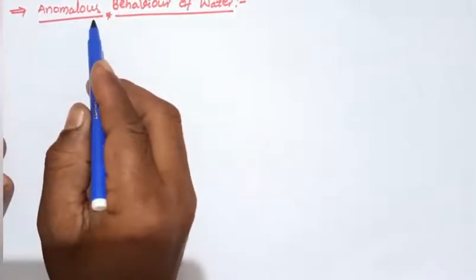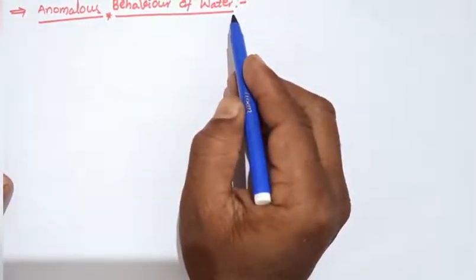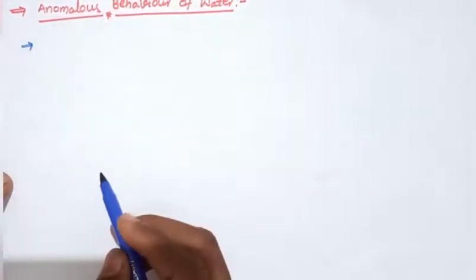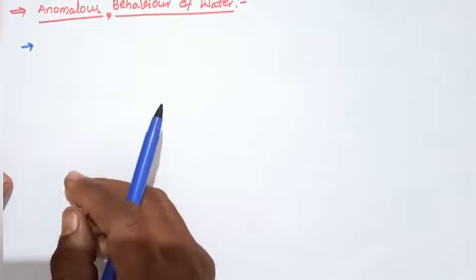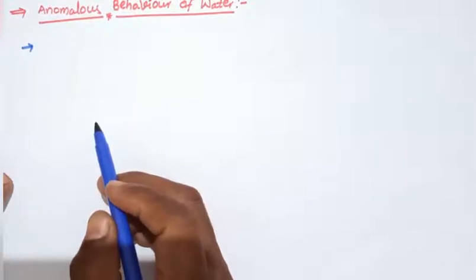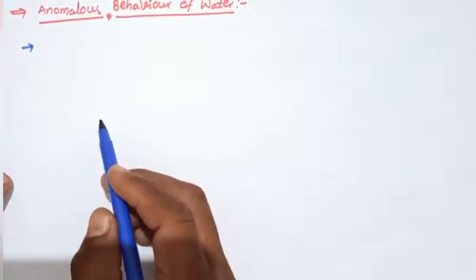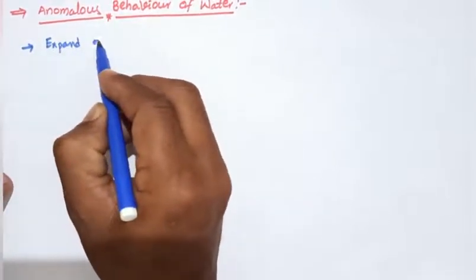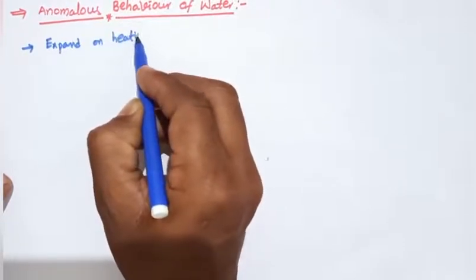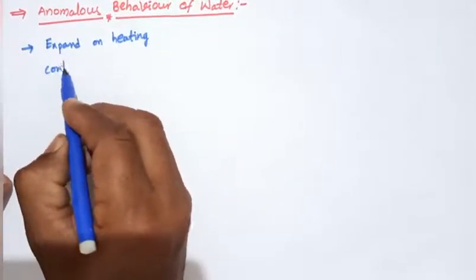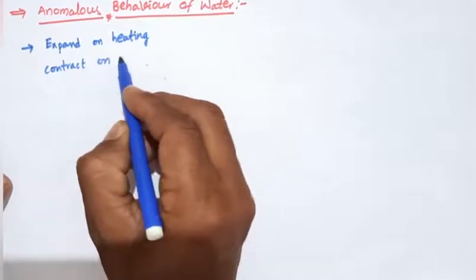So the next topic is anomalous behavior of water. What is anomalous behavior? Already we know that most materials, that is liquids, solids and gases, whatever they may be, expand on heating and contract on cooling.